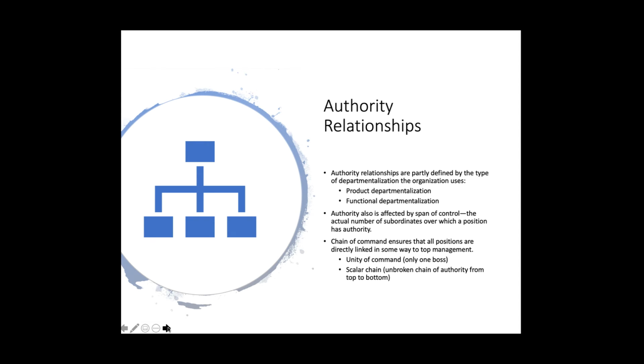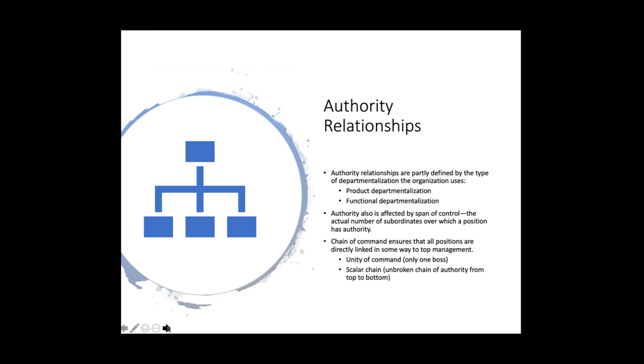Now, another thing that has some influence upon the nature of your authority relationships is what we call the span of control. What is that? That refers to the actual physical number of subordinates over which a position has authority. You may have a manager with a wide span of control. What does that mean? That he has many subordinates reporting to him.